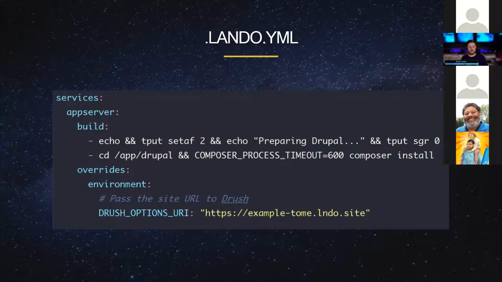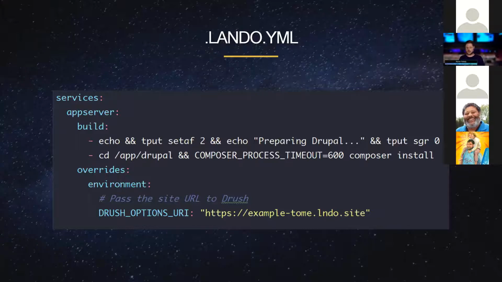And then we're also doing some overrides to the configuration of the app server. In this case, Lando gives you some environment variables by default within the system, and what I've done here is just added another. This is the Drush options URI environment variable, and what that does is allow Drush to know what URL is used to access the site in this current environment.